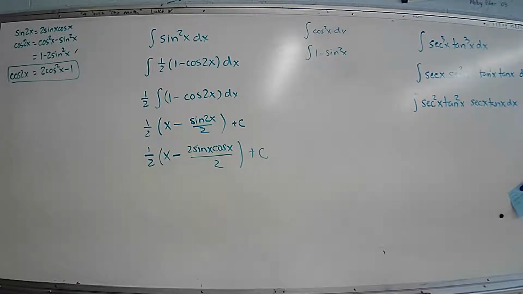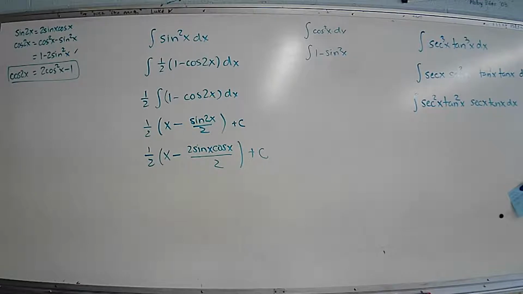What do I want to do now? What's hanging out on the end? What do we have hanging out on the end there? Secant x tangent x, which happens to be what? The derivative of secant.